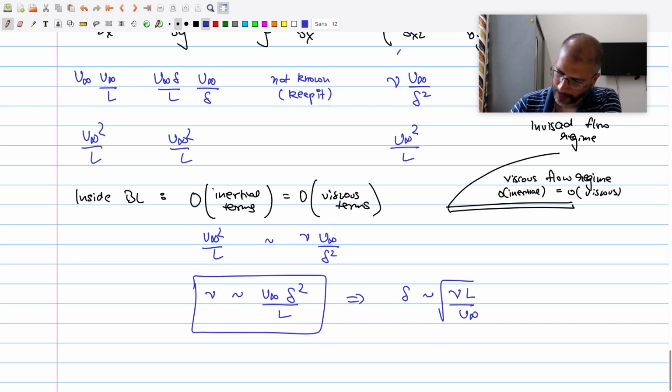Then I can also divide both sides by L, so this becomes nu by u infinity L. So L becomes an L square inside the square root, and one of the L cancels. And this nu by u infinity L is nothing but 1 by Reynolds number based on L.